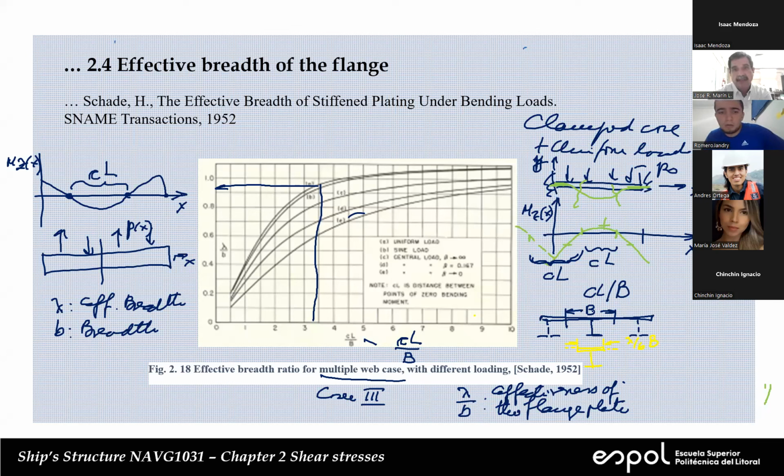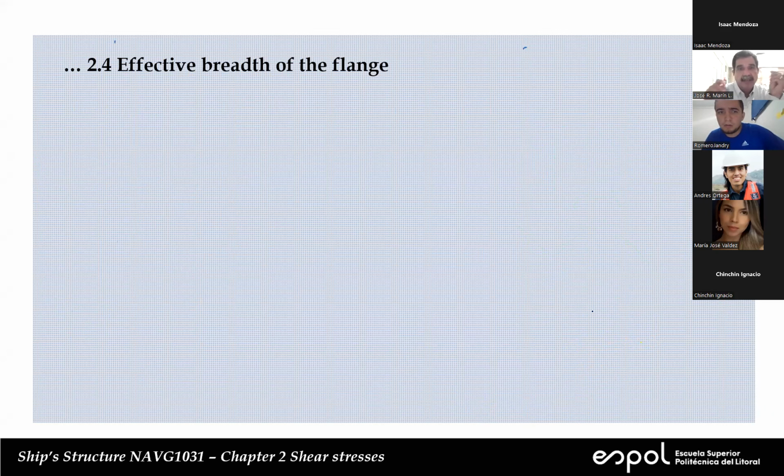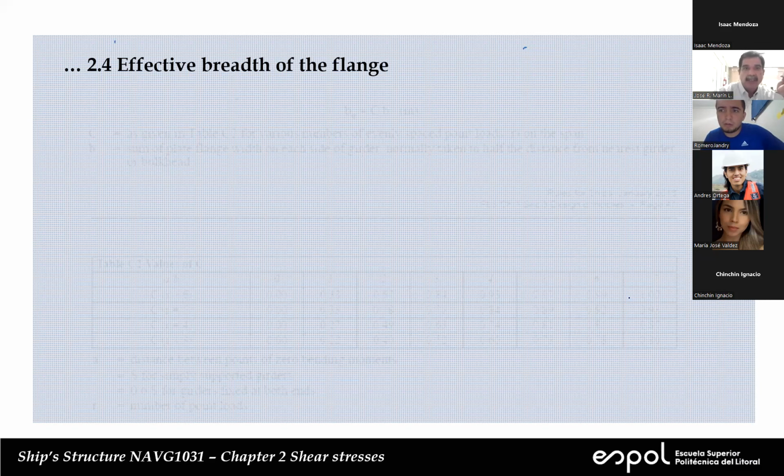That was a long time ago, but the classification societies have inherited a lot of these theories, and of course they have improved them because now the computer can help us. We can do many tests, and this is what we see.